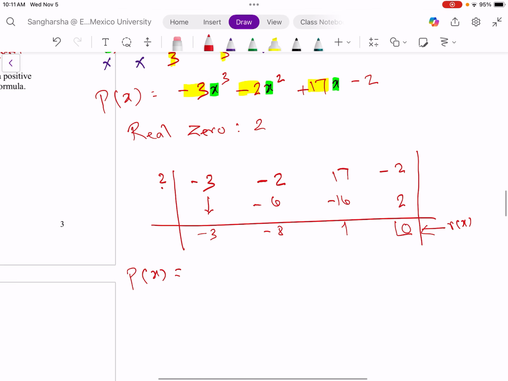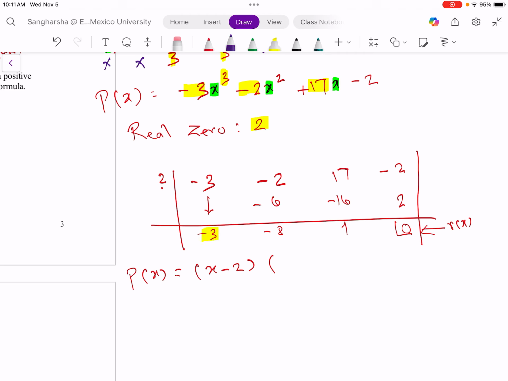Now, if 2 is a real 0, what is the divisor? How do we write down the divisor? We know the real 0 is 2. x minus real 0. So x minus 2 is our divisor. Now, let's write down the quotient. Since the degree of our polynomial function is 3, the degree of the quotient will be 2.